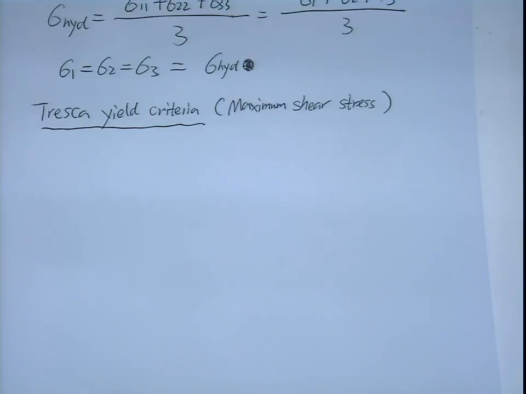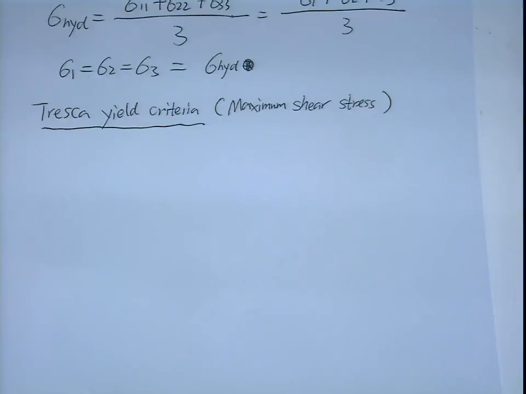If you look at that component, there are 3 stress components. Only one is positive, and that must be the maximum principal stress, sigma 1. And all the others are 0. And the direction definitely is along that direction as well.